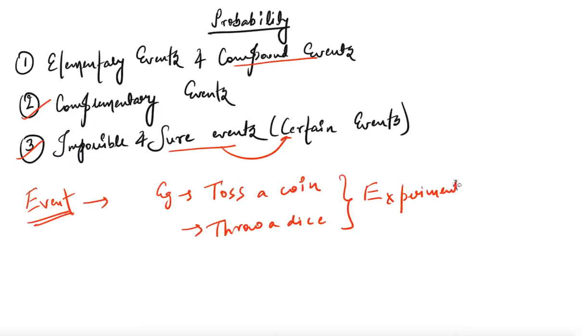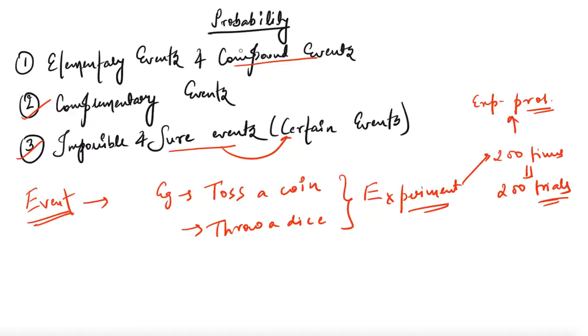When an experiment is done, you can do it say 100 times, 200 times. Those 200 times are known as 200 trials. These trials are used for calculating experimental probability, but in class 10th we'll focus on theoretical probability. I just wanted to tell you the meaning of trials, so that's why I gave you this example.